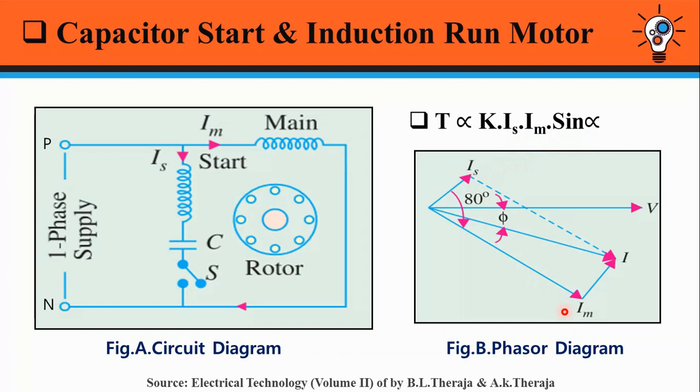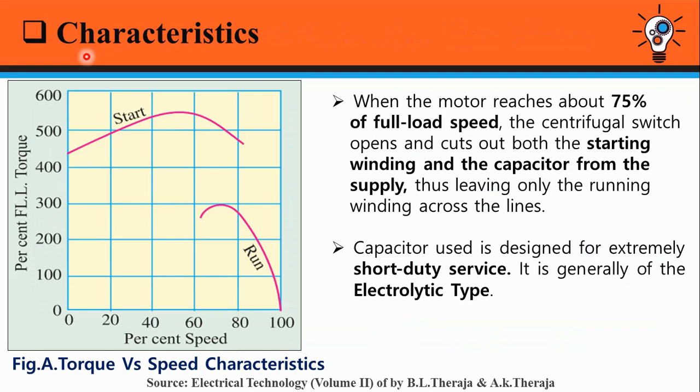When it reaches speed up to 75% of full load speed, centrifugal switch opens and starting winding is disconnected from the circuit. Then motor continues to run with only main winding. The main function of capacitor is to produce the necessary phase displacement between the current IS and IM.